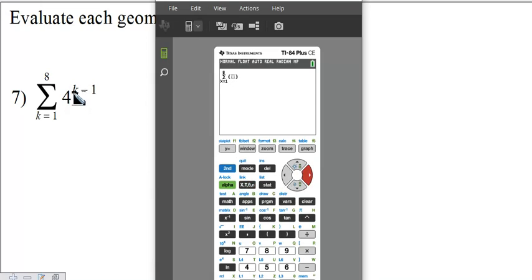This 4 raised to the k minus 1 power, all of this will go inside of the parentheses that you see here in your calculator. Now that I have it set up, I'll hit enter. The sum of these 8 terms is 21,845.